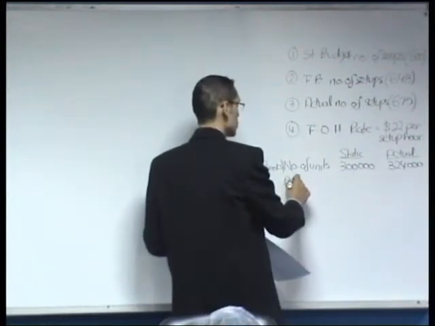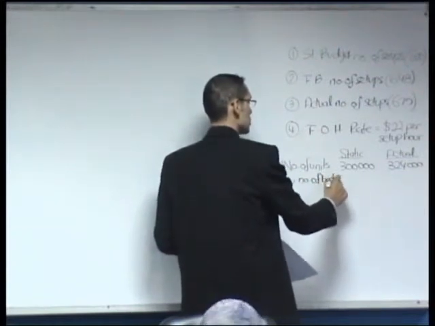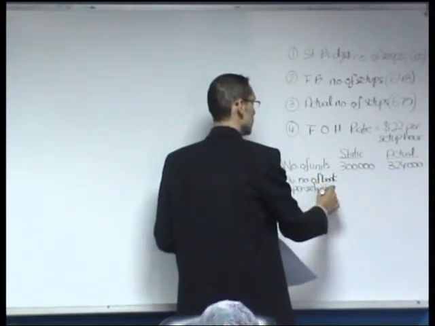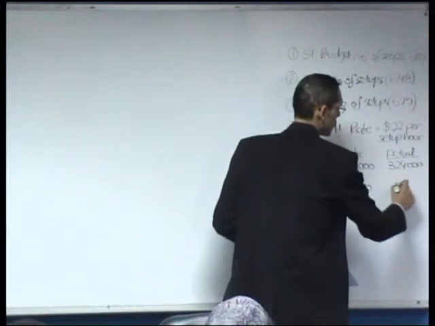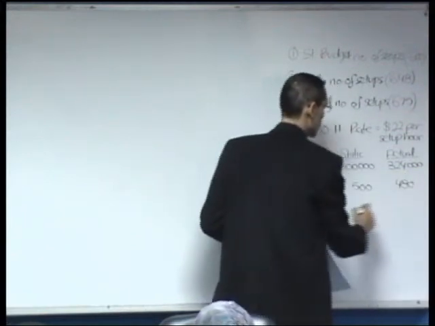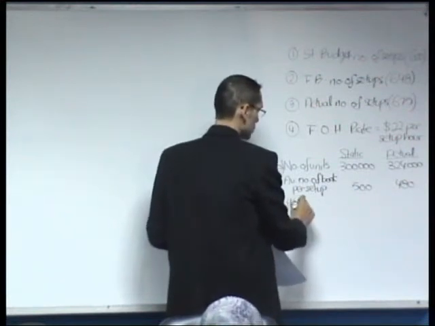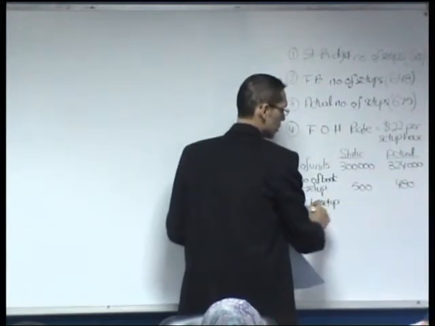And then the average number of books per setup, this is exactly 500, and the actual 480, and then hours to set up, how much?